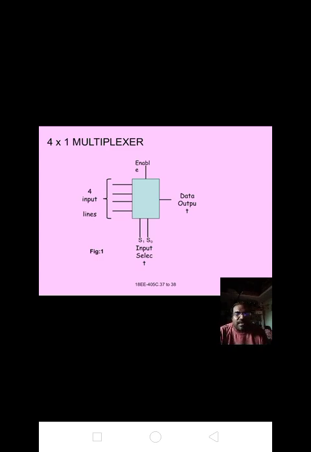Please make a note of it, it is the most important one. Draw the diagram of the 4 into 1 multiplexer correctly.